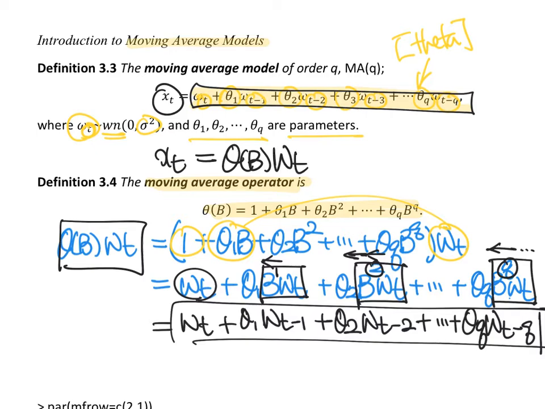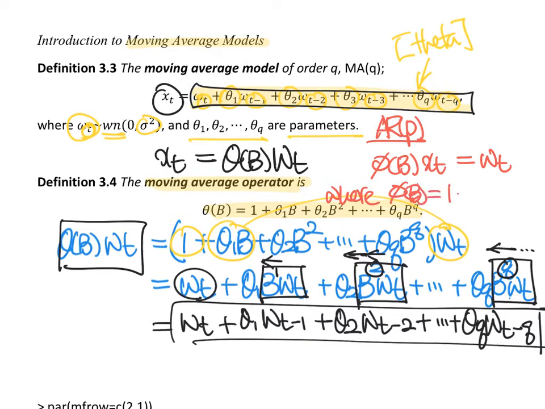As before for the AR p model, we used the AR operator, which was phi B, but we multiplied it to x_t is equal to W_t, and phi B was 1 minus phi 1 B minus phi 2 B square up to phi p B^p, right?